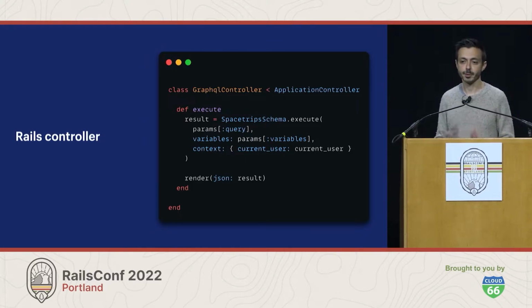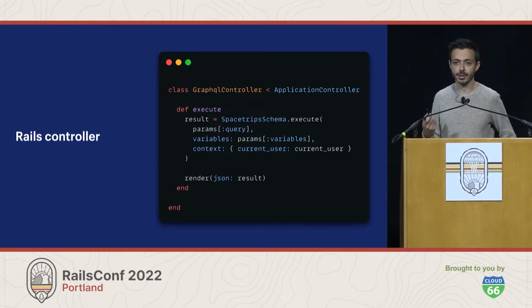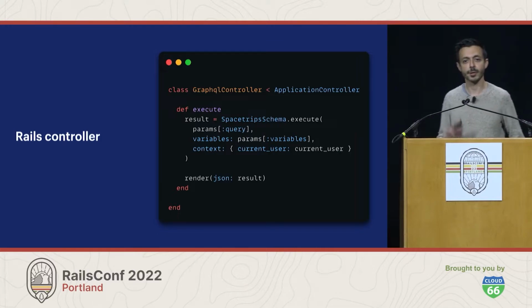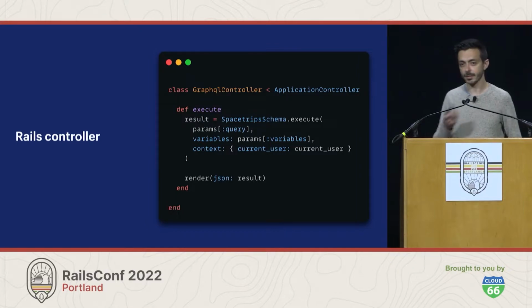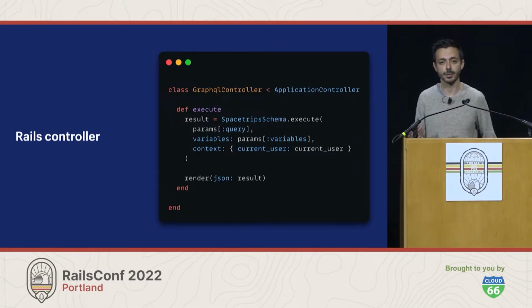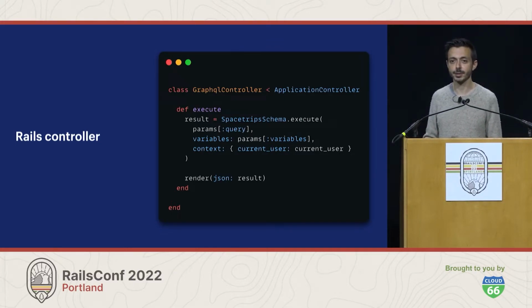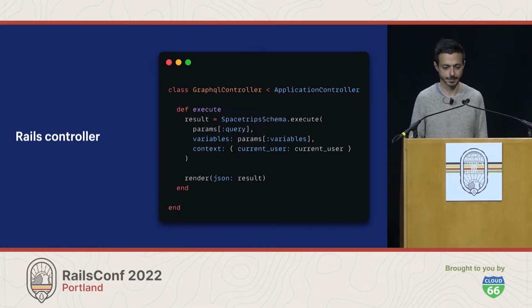So you can put any information there, and we usually put information that's very useful for executing the query. Here we are passing the current user, so we can use the current user information for authorization purposes. Query and variables are provided by the user, and context is provided by the app. So we have total control over the context. And the result of the execution is serialized to JSON to create a JSON response.